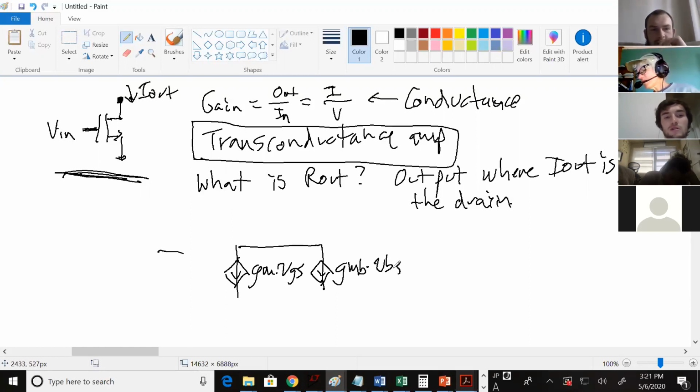In the VT equation, it's VSB, the one that I have on the slides, but generally in the small signal model, it's VBS, and I'm going to go back and try to figure out why that's flipped, but right off the top of my head, I don't have an answer. But I'm going to use VBS inside the small signal model.